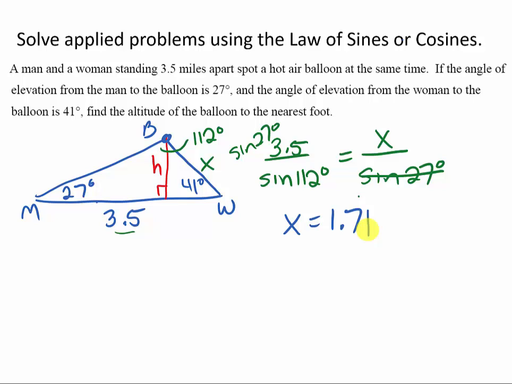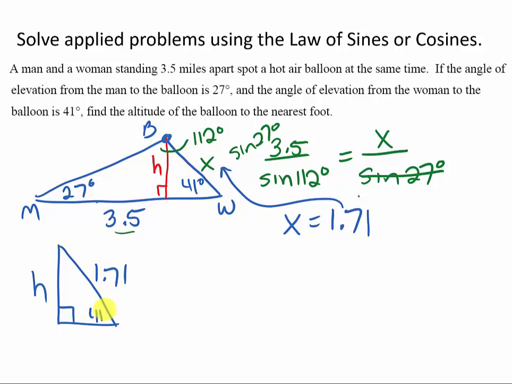So I do know this side now, and I can look at the triangle that's a right triangle that's formed right there that has the altitude here, h. This is 1.71 and this is 41 degrees. So I can just use right triangle trig and find the trig function that relates the angle I have with, it looks like opposite side and hypotenuse.